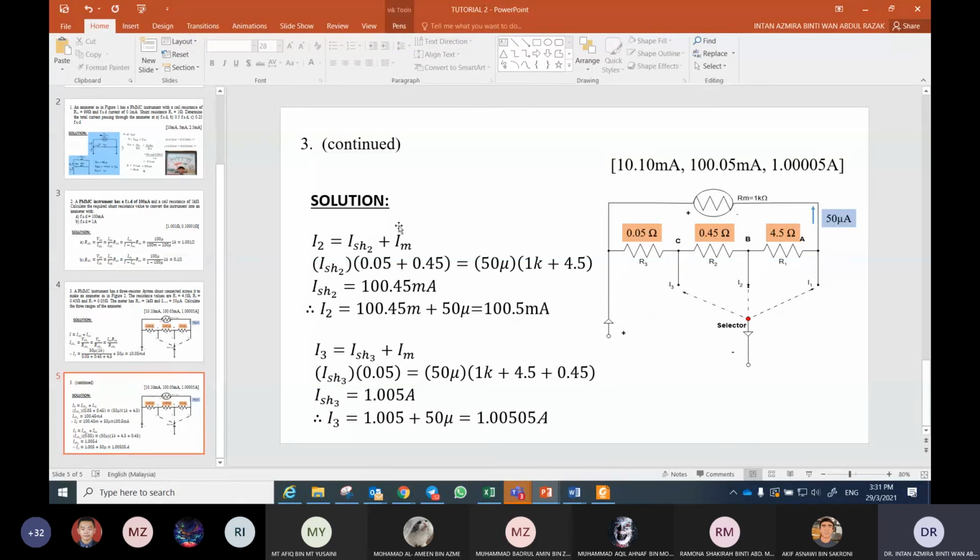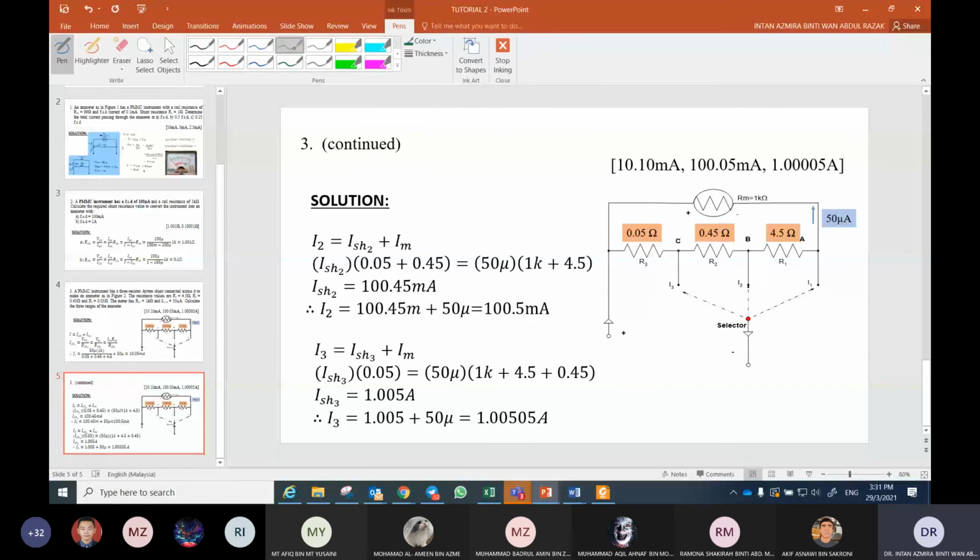Let me sketch. So this is for I2. I2 is here, meaning this is positive here. This is R3, and we have R2. And then this is negative. This is I2. I2 flows like this. And then we have RM here and R1 here.